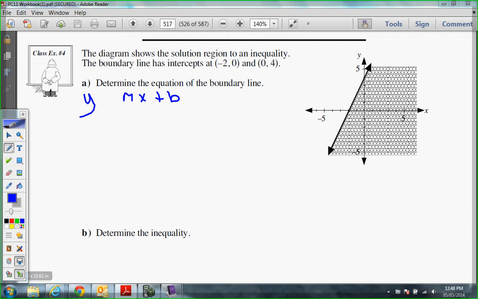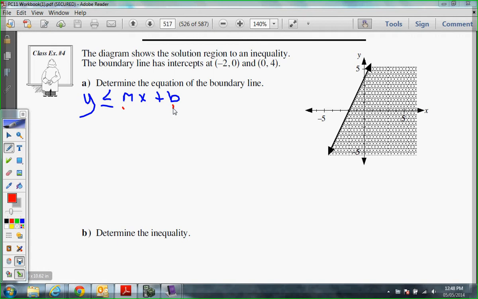Is this a positive or negative slope? It's positive. It's going up to the right, right? Okay, did they shade below or above? Below. So then what are we thinking? Less than or greater than? We're thinking less than. Is it a solid line or dotted line? Solid. So we know we're going to have something like this. y less than or equal to mx plus b. Our job now is to figure out the m and the b.